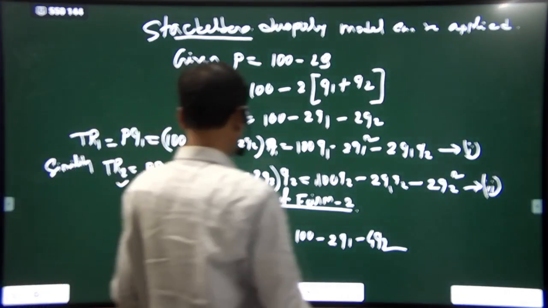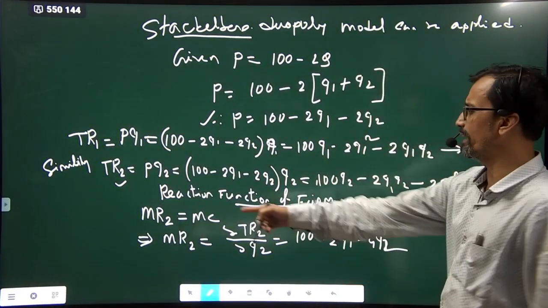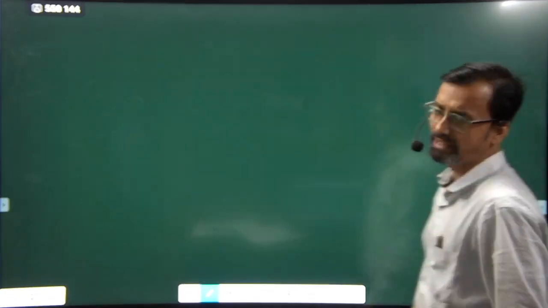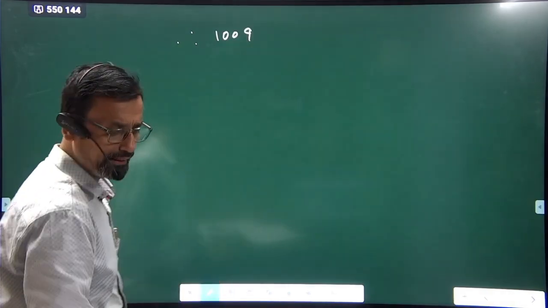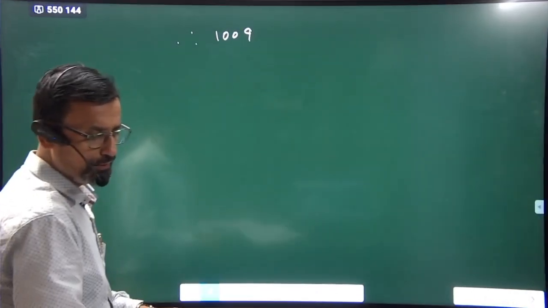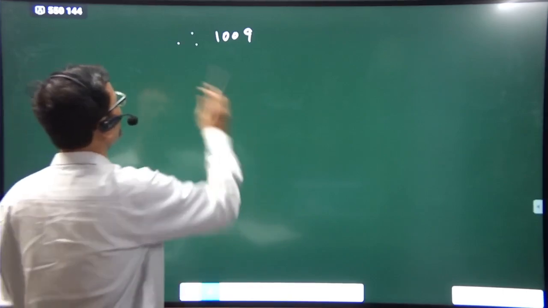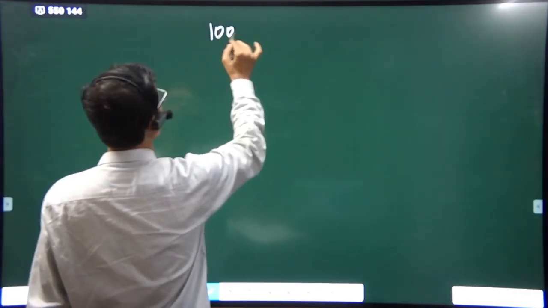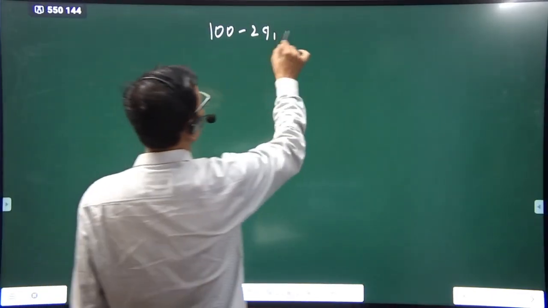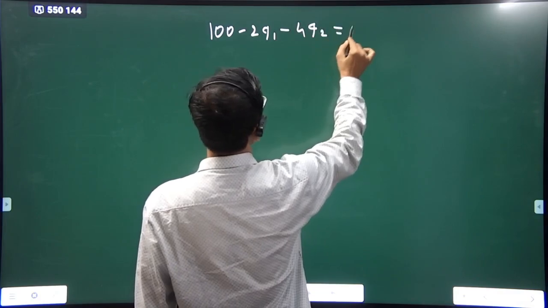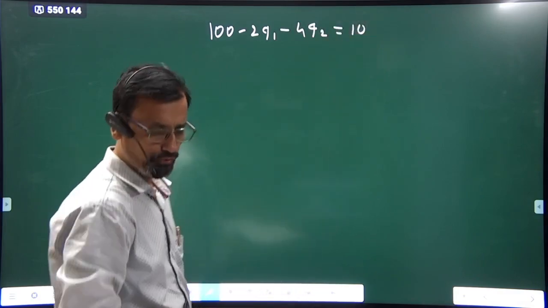Next, equating this marginal revenue with marginal cost, we will get the reaction function by simplifying. So what did we get? Marginal revenue is 100 minus 2 Q1 minus 4 Q2 is equal to 10, which is the marginal cost.